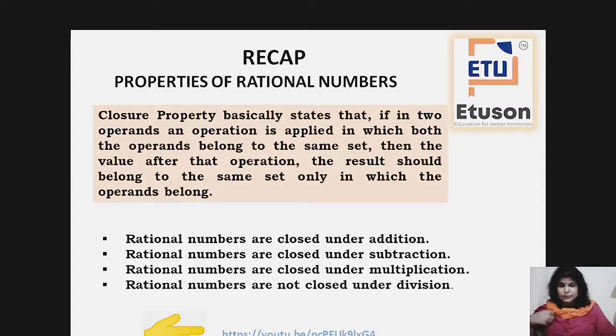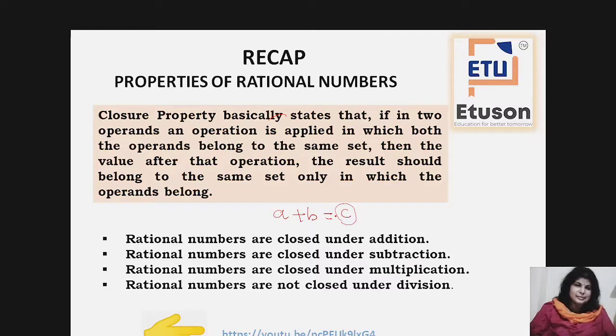I think you remember, but still, just for a second: if A and B belong to rational numbers, then A plus B is equal to C, and C must be a rational number. Then you will say that addition is closed in case of rational numbers. Correct? So these are the conclusions that can be made for the closure property.